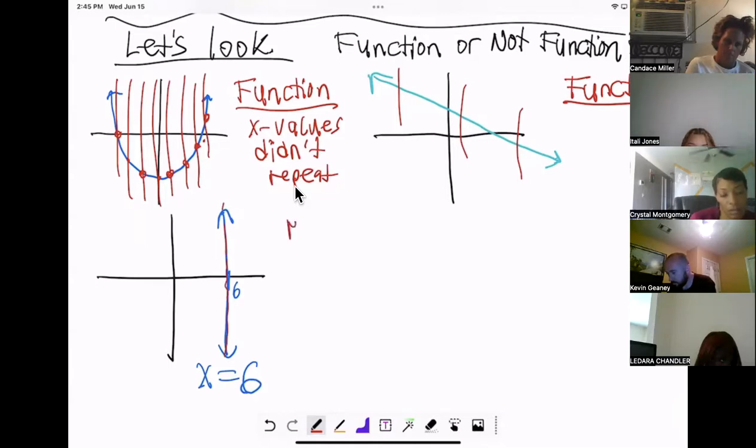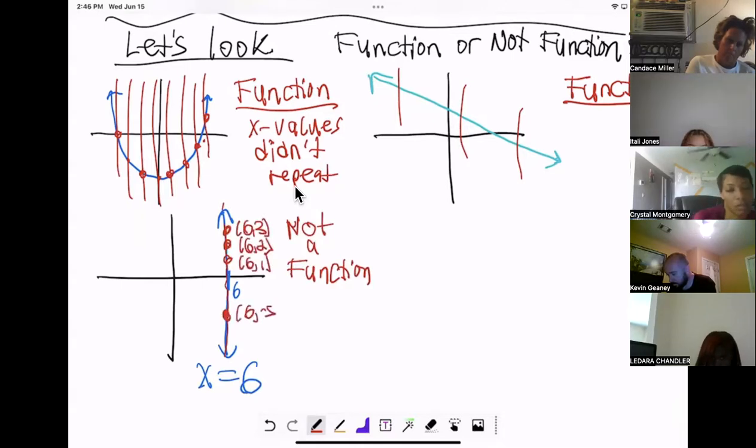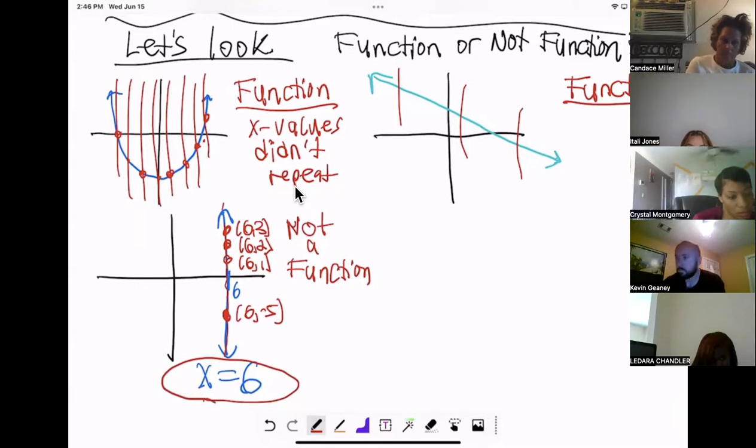So this is not a function, because all the x's repeat. This could be (6, 3), this could be (6, 2), this could be (6, 1), this could be (6, -5). The 6's repeat all the time, not a function. And that's why you want to be careful in an equation. X equals a number cannot be a function ever.